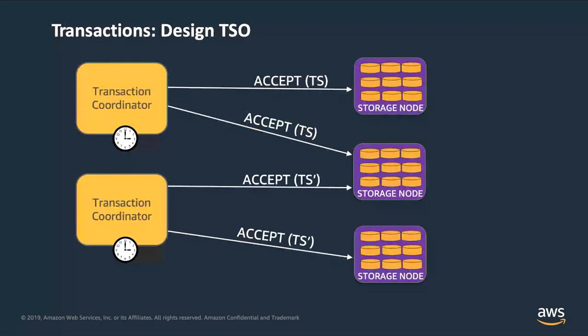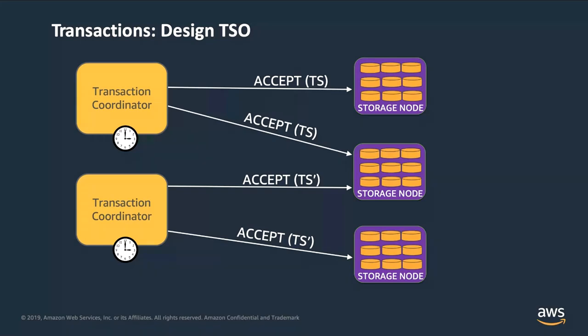In practice, to handle the overall load that we'll see from transactions, there is a large number of transaction coordinators operating in parallel, and different transactions accessing overlapping sets of items can be assigned timestamps by different coordinators.